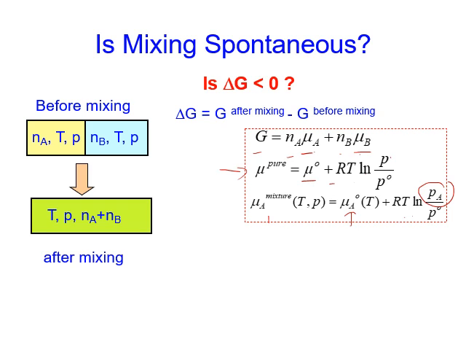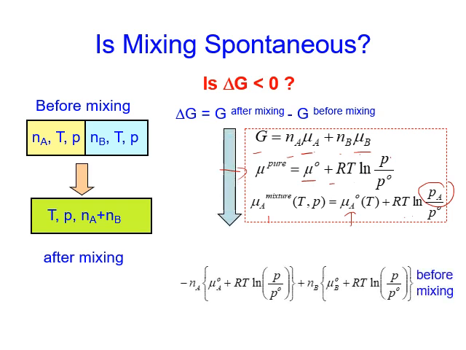All right, so first let's look at before mixing. Before mixing, it's the pure substance, so we use the second equation. For A it's NA mu A standard state plus RT ln P, and NB mu B standard state plus RT ln P, the pressure of the pure substance.